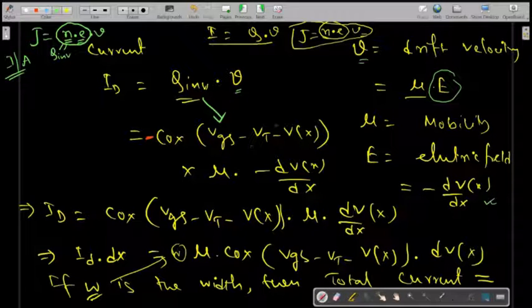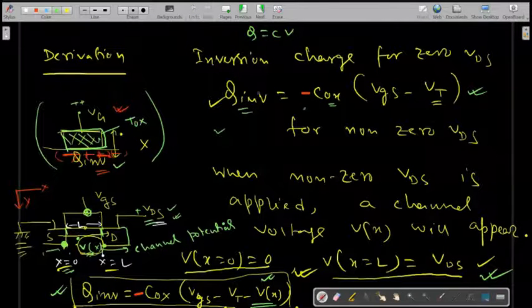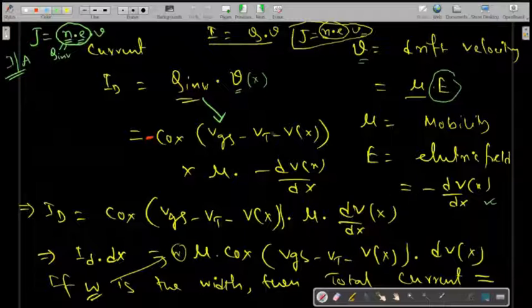Here the voltage is V of x, so the electric field will be dV by dx. After putting this value, there is one negative term, so this minus will be cancelled. It is plus. So we are getting this equation.